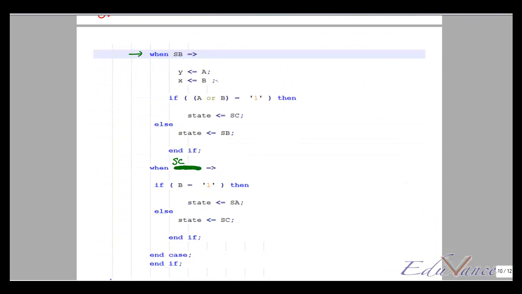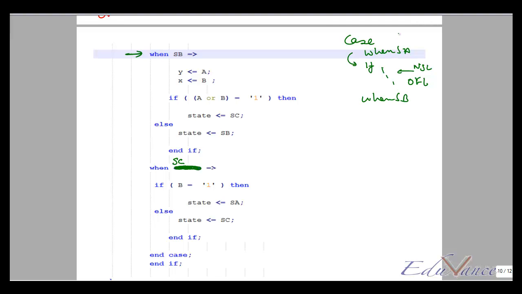Now state B is also part of the case statement, where we are writing the case statements like when SA, when SB, and inside that I'm writing the NSL and the OFL. If you remember, inside a case statement I can have if else statements, and the vice versa is also true.